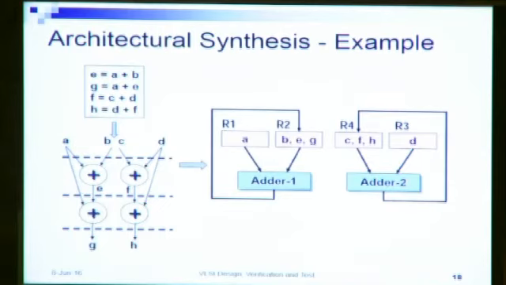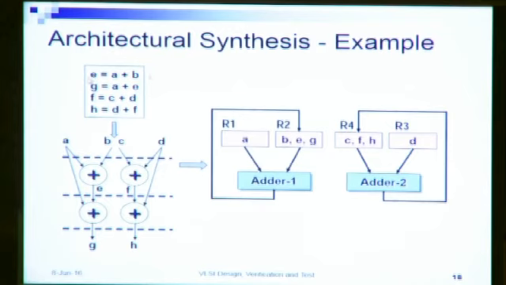So now we take a small example to illustrate what we have been discussing over the last few slides. Let us say that we have this small toy behavioral description of an application at the input of the architectural synthesis step.